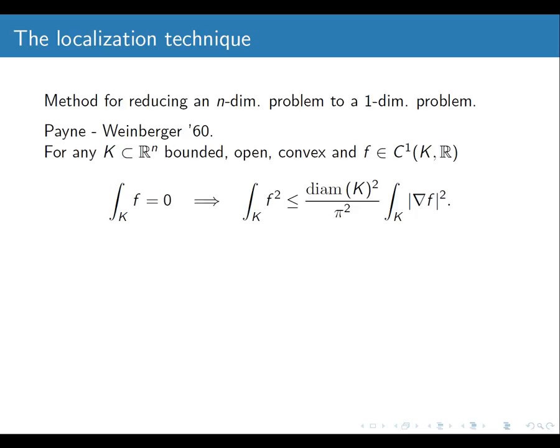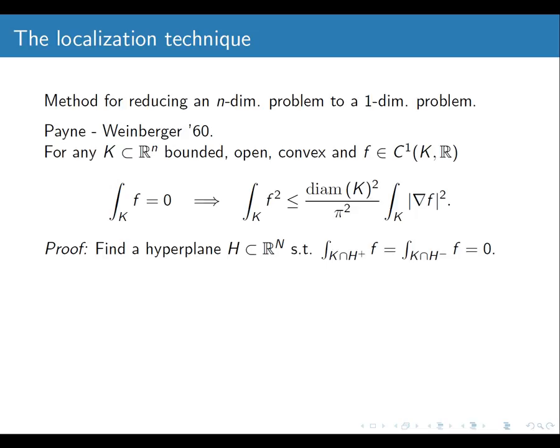Okay, this theorem goes back to Payne and Weinberger in the 60s, and their proof goes as follows. Their idea is that you have this constraint, but you can reduce the set K in such a way that this constraint is still true.